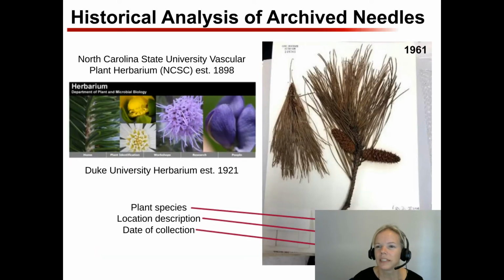So since we were seeing these molecules in these pine needles, we wanted to go and check historical archives. And so we went to a herbaria in both North Carolina State and then one at Duke, and got pine needle samples from the 60s to the early 2000s to see if we could see how these PFAS were changing in North Carolina.